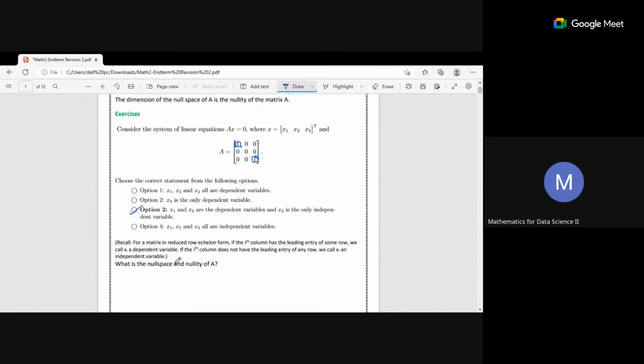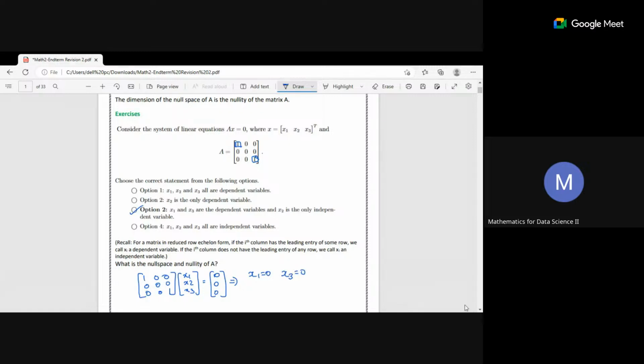Now, how do you find the null space first of all? Your null space definition is Ax equal to 0. We write x in terms of x2. From this you get that x1 is 0 and x3 is 0, right?